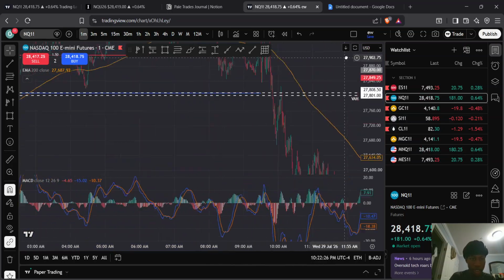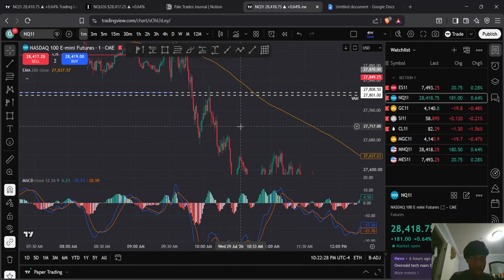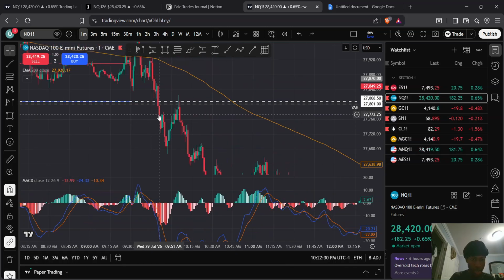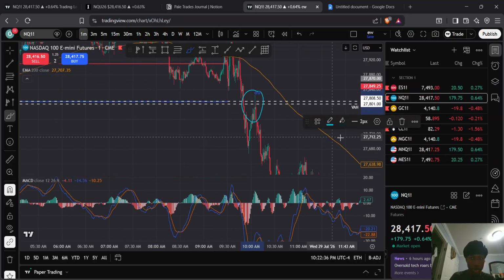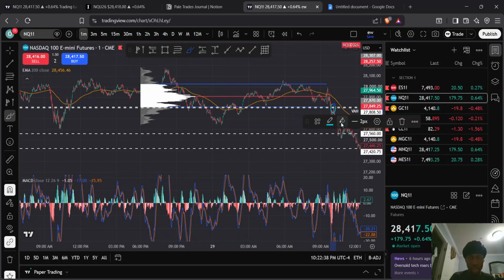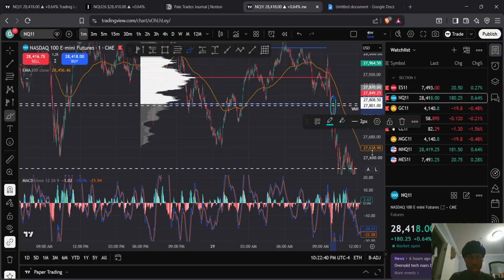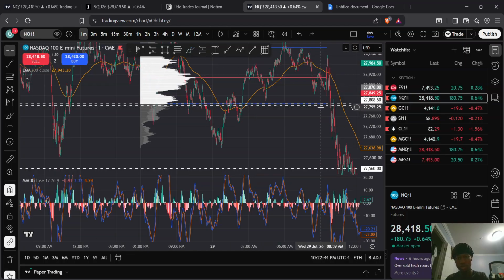All right, and then you can see here we were dumping, right? And then we came back, pulled back, and then used this area right here as resistance because we had two confluences. I mean, we didn't really have two confluences because this is actually the current session volume profile.